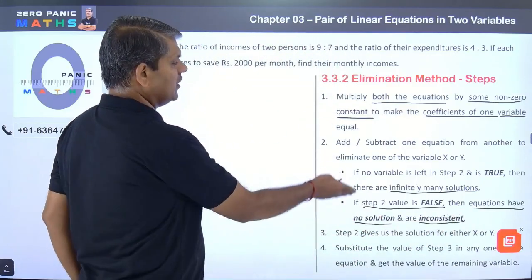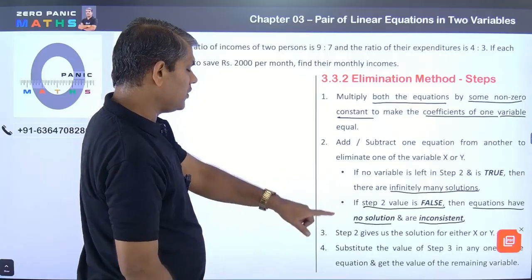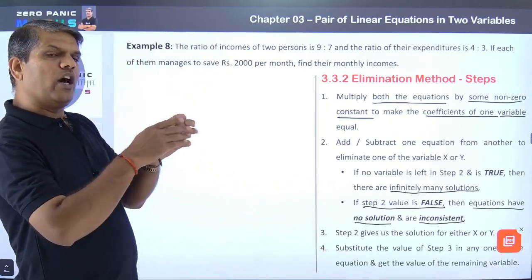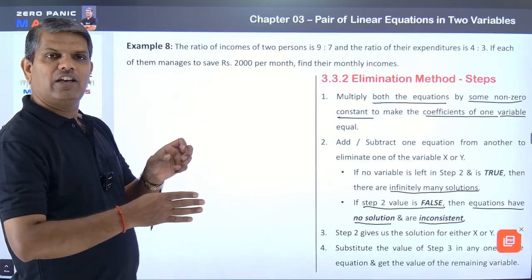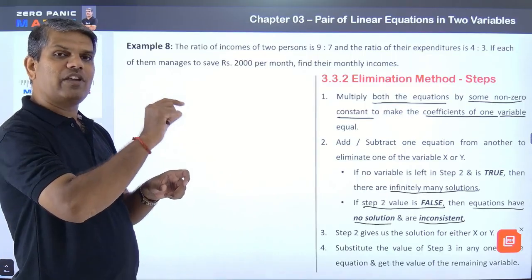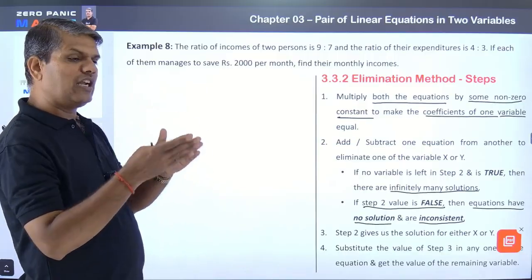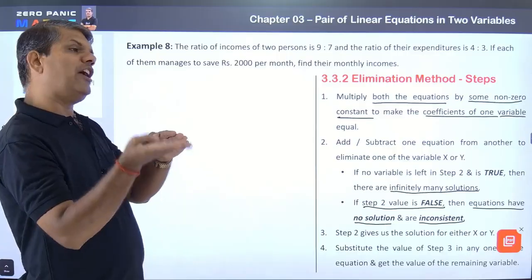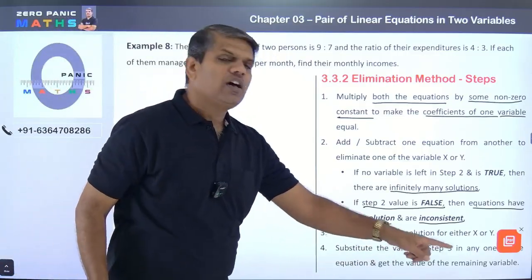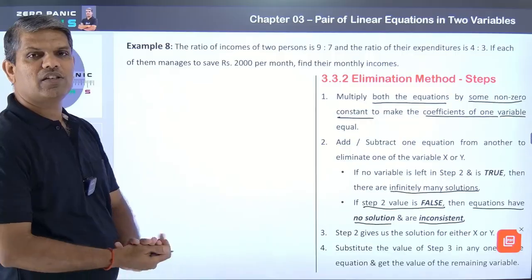Now the fourth step: if one variable is eliminated, you get the exact value of the other variable. Now, similar to the substitution method, you substitute that value into any one of the equations to get the value of the remaining variable. That is what the elimination method is.